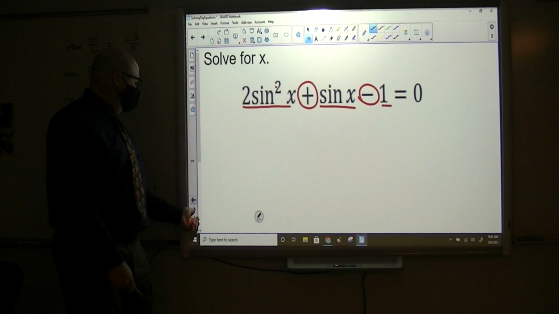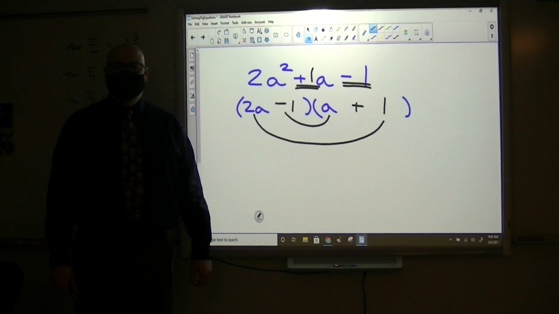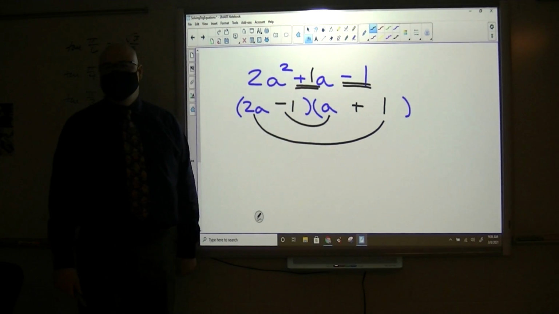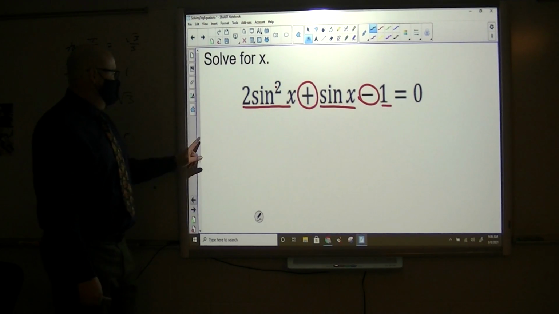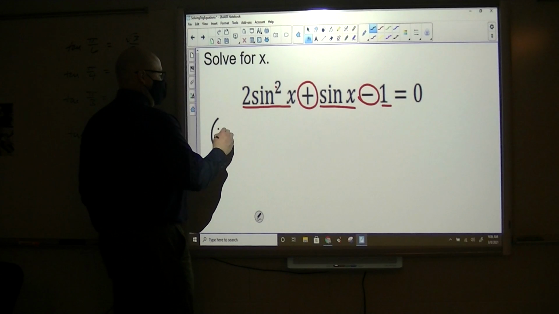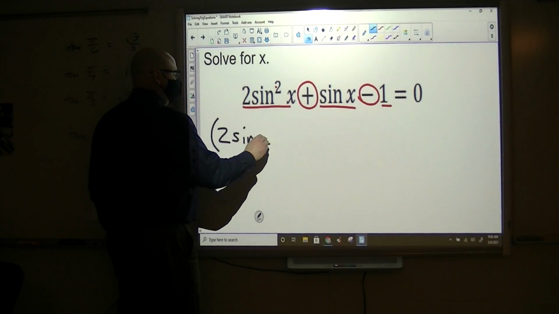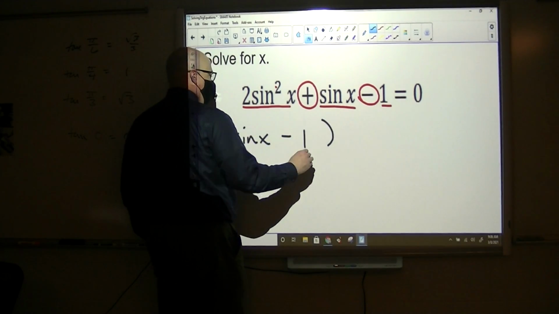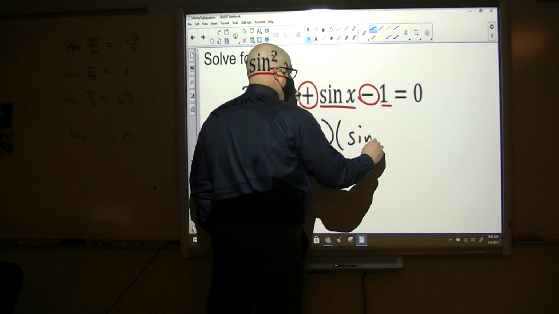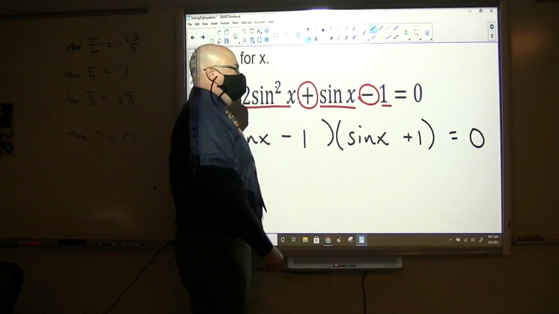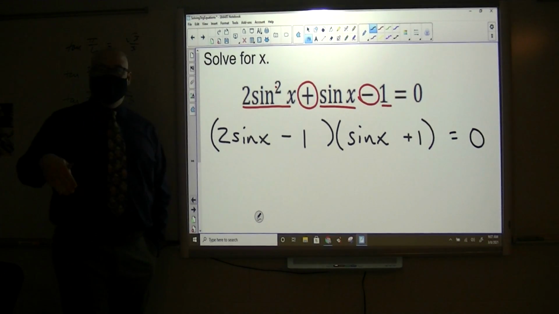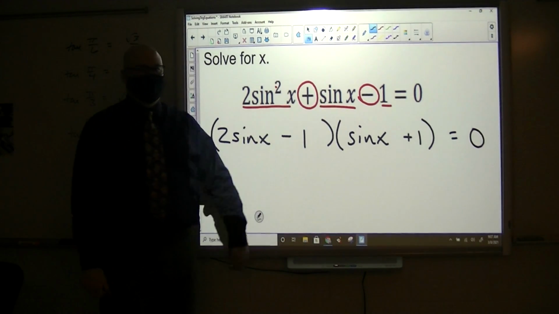So all I really have to do is replace the a's with sine x's. That's it. So I've simplified this problem. This was the negative, and this was the positive, by thinking about using just a variable instead of the sine x.